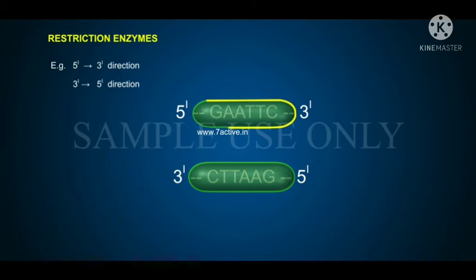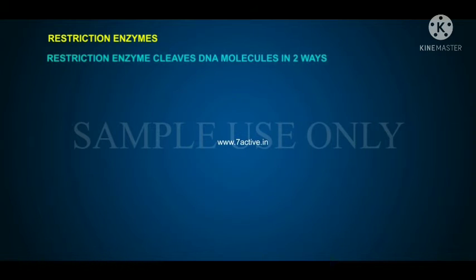The sequence is the same in both cases. The enzyme EcoR1 has the capacity to recognize the sequence GAATTC from the 5' to 3' end and the other 3' to 5' end.